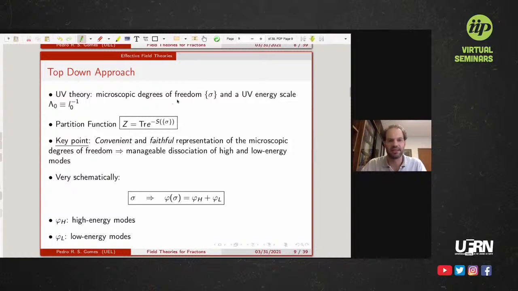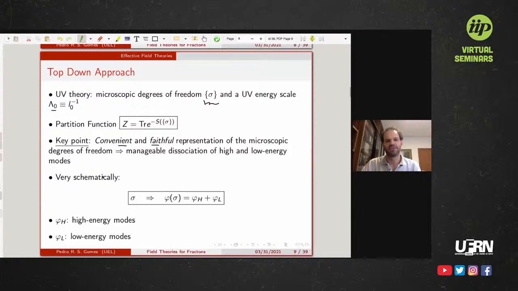So let's call the microscopic degrees of freedom generically sigma, and the UV scale lambda 0. And we are interested in the behavior of the partition function. In this case, the key point is a convenient and faithful representation of the microscopic degrees of freedom. And this is related to manageable dissociation of high energy and low energy modes.